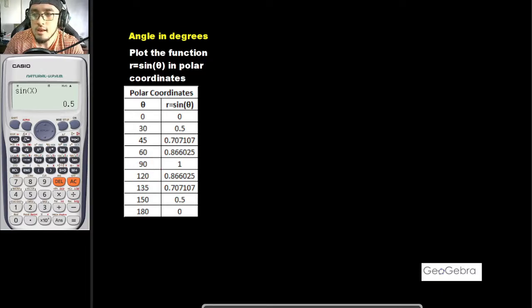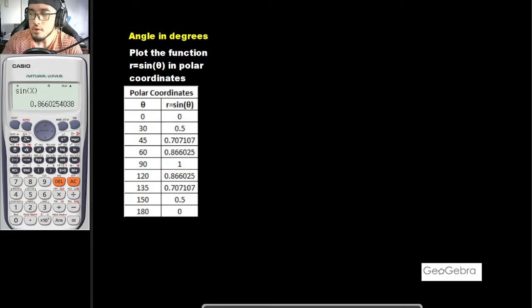Pressing calc, the calculator asks for the value of x, and our value of x is 120 degrees. Pressing enter gives you an answer of 0.866. These values are the answers from this function once you substitute these angles.